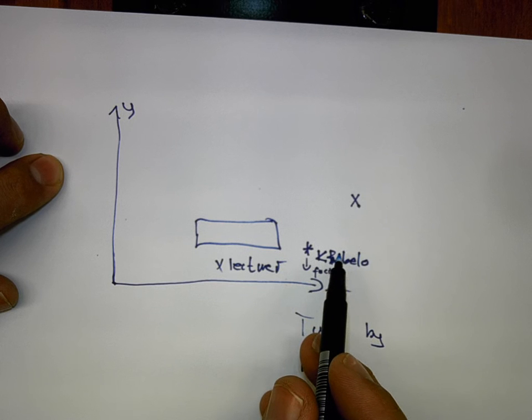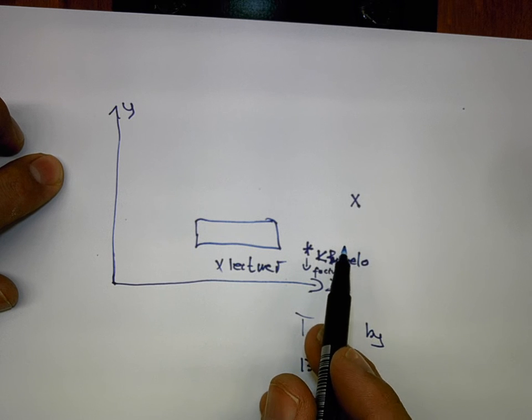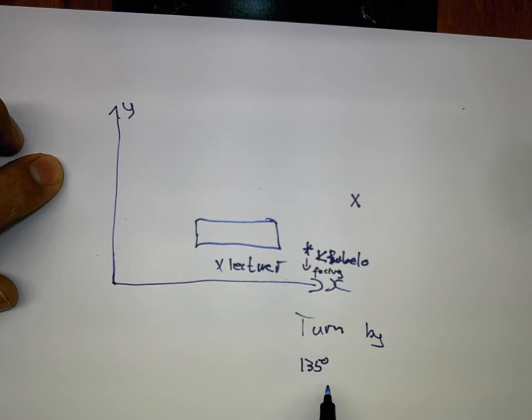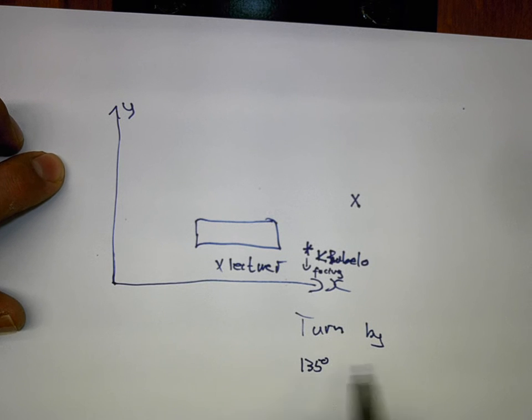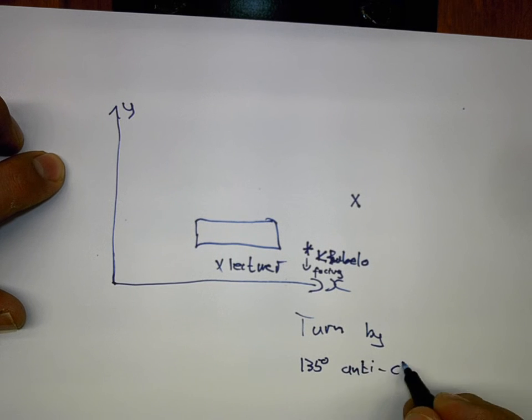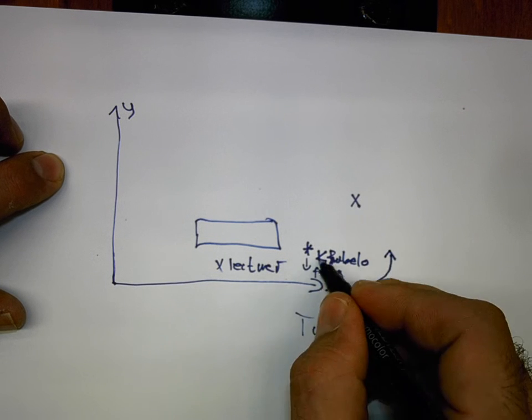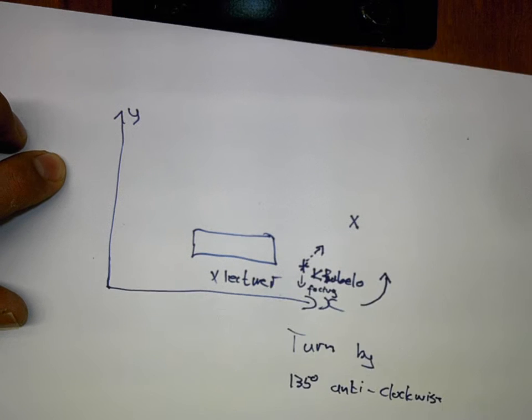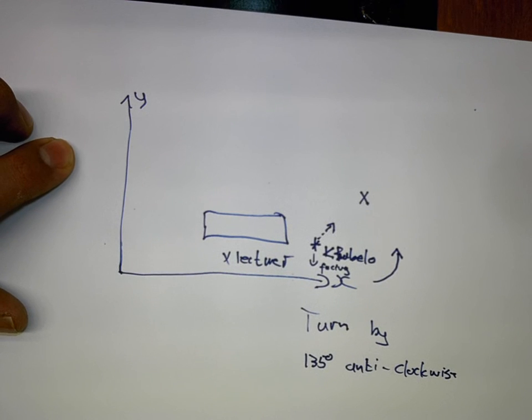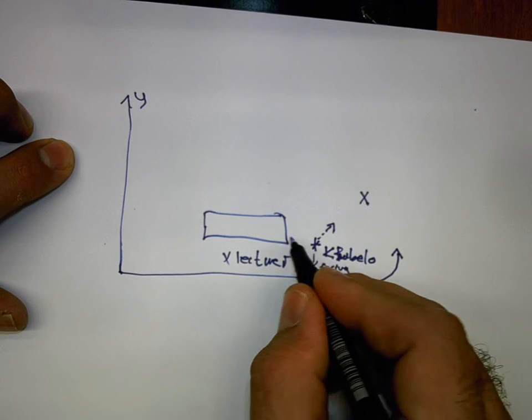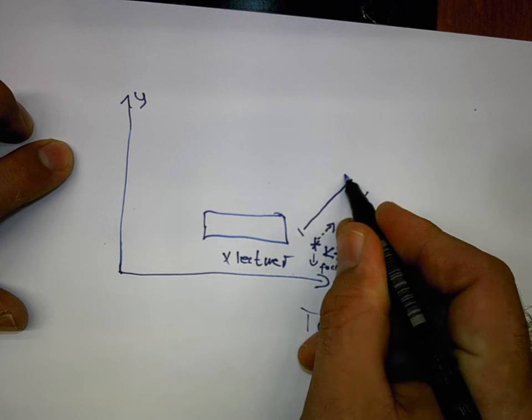Cabello guessed, but Elias could have told Cabello, from where you are standing, turn 150 degrees anti-clockwise or counterclockwise. So Cabello had to turn in that direction, until he was facing in this direction. And then it was a mere matter of, okay, walk straight ahead now for that distance.